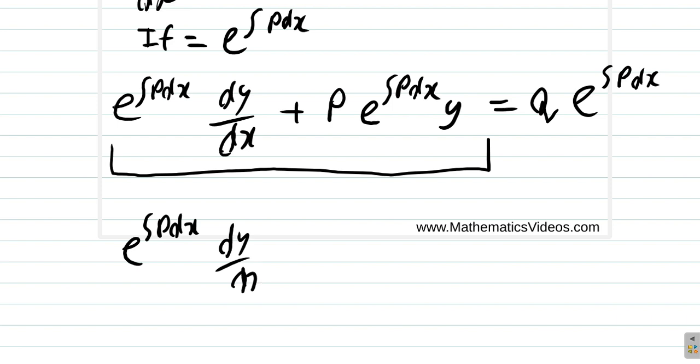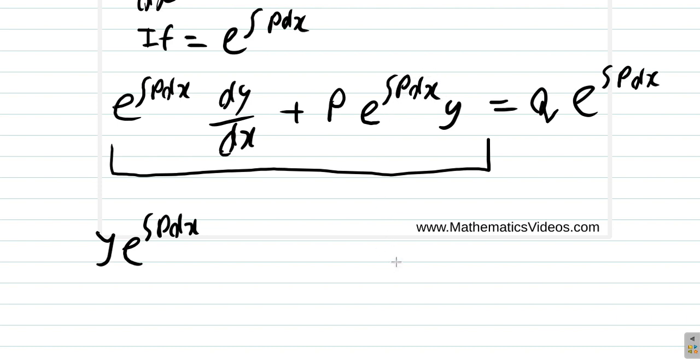That's what happened there. But what's the second item that you have? Well, it would be y. That's what you differentiated here with respect to x. Now over here you would hold y as it is. So you hold y, then you differentiate e to the integral of p dx.